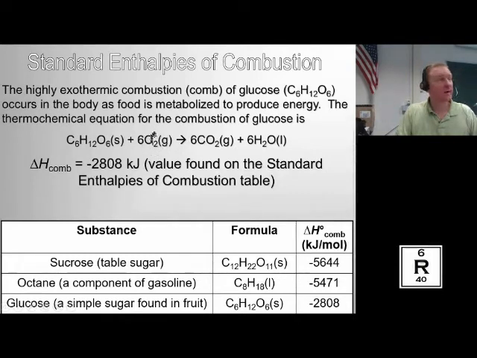So combustion reactions will always be something that reacts with oxygen. And if there's carbon in the reactant that's combusting with oxygen, it will always produce carbon dioxide. And if there's hydrogen, then it would produce water. So in this situation, because there's carbon and hydrogen, it's producing carbon dioxide and water.